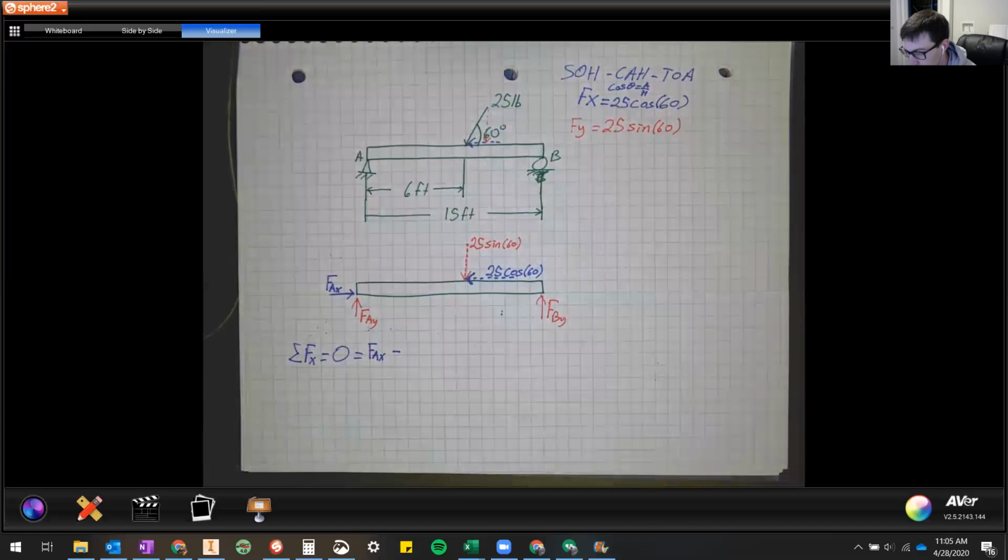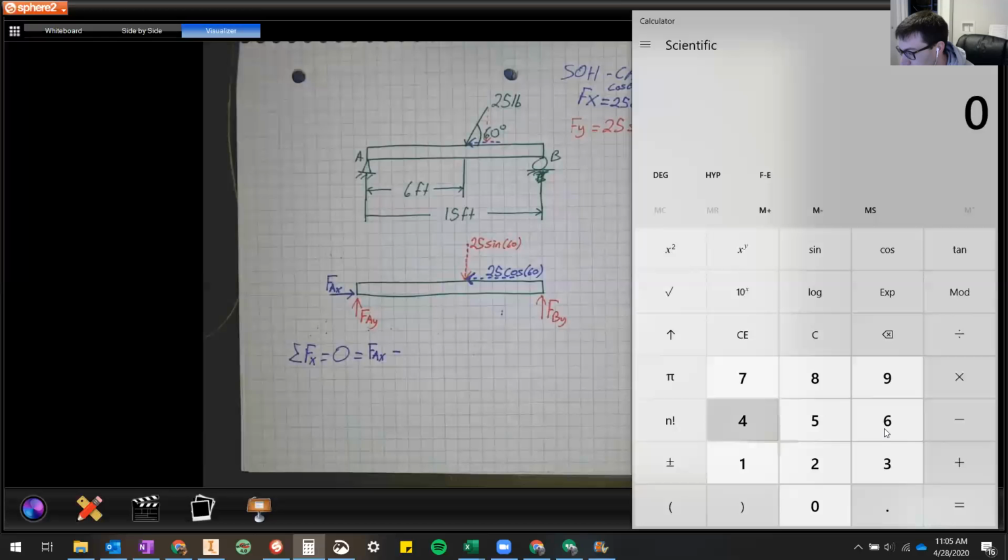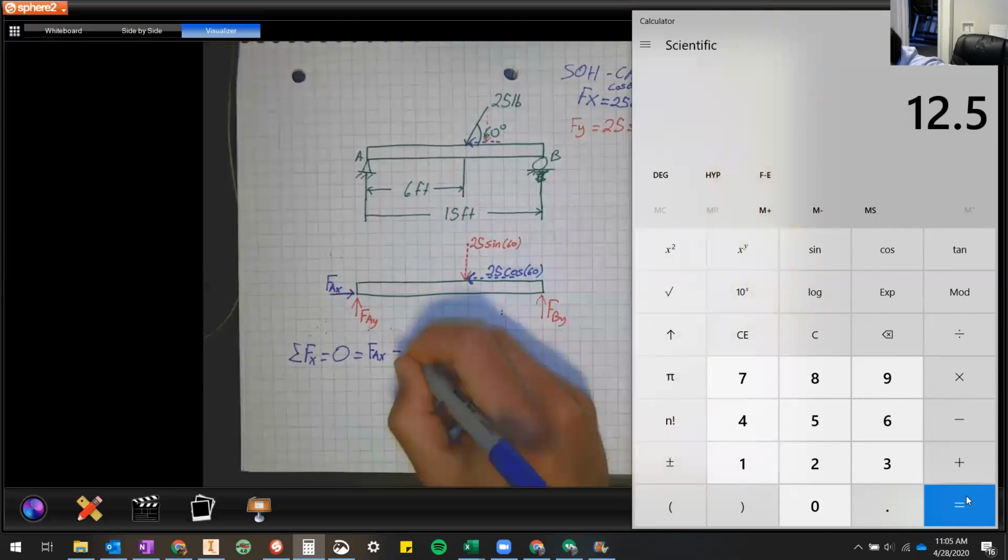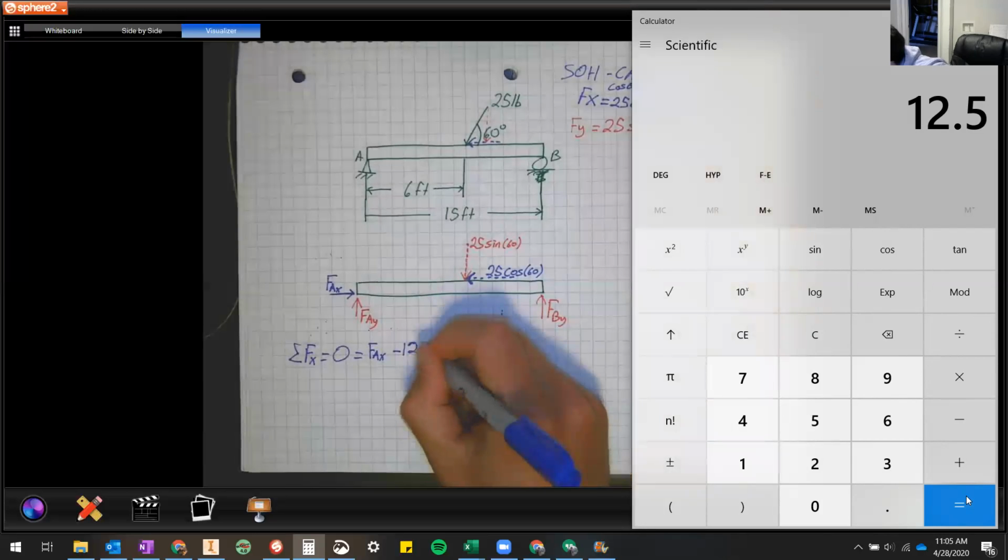So let's do that really fast. On my calculator on my computer, I have to do it this way. Cosine of 60 is 1/2, times 25 is 12.5 pounds. So I'm going to write that down here. 12.5 pounds.